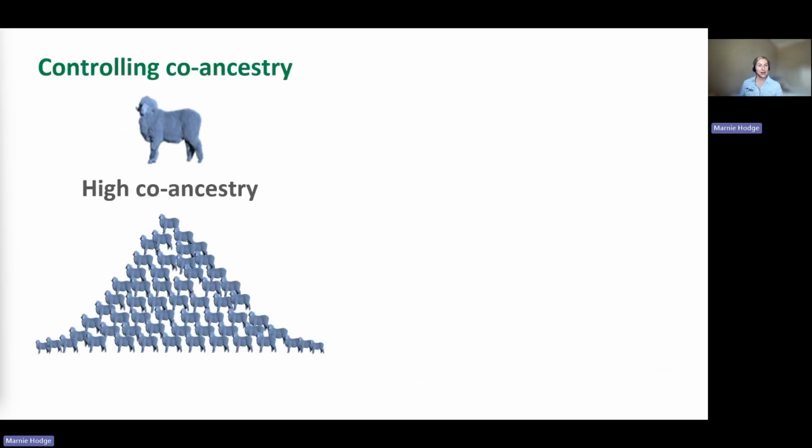In terms of co-ancestry, I've just got two examples here. This is a good example of high co-ancestry. Remembering that co-ancestry is looking at the relatedness of individuals, there's less diversity in the population to choose from, and that potentially bottlenecks us in the future.